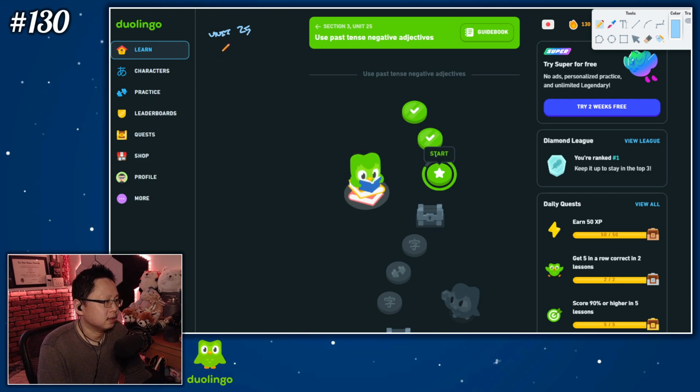Let's do the kanji terms first. Konkai. Our last month, Rokugatsu.